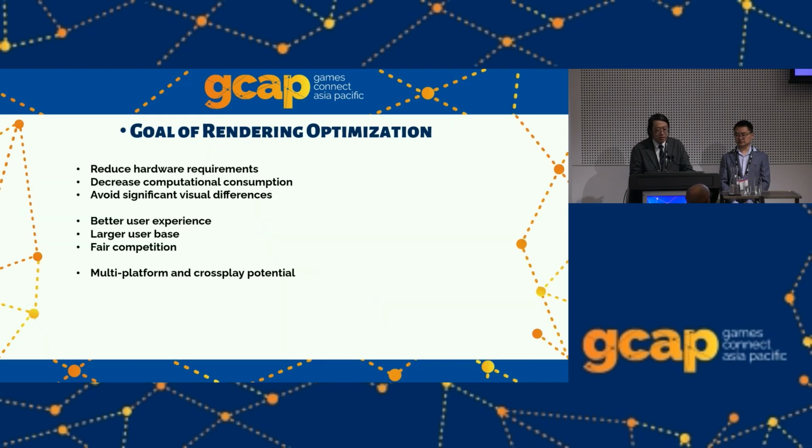Our optimization goals are to reduce hardware requirements, decrease computational consumption, and avoid significant visual differences. This optimization will directly expand the player base, enhance player experience, and ensure fair competition. Additionally, we increase the potential for multi-platform crossplay.